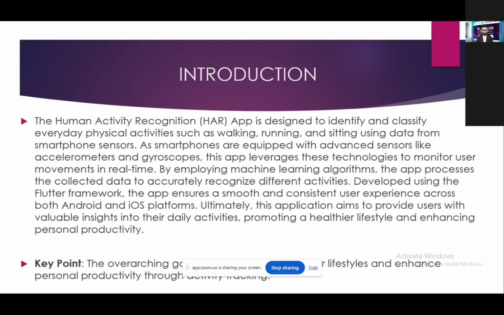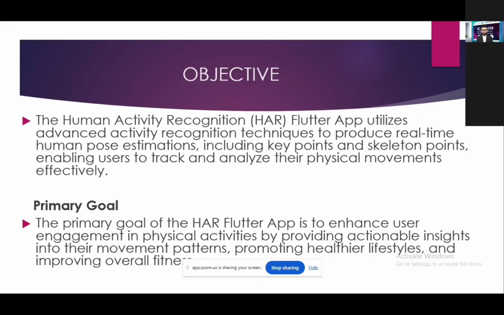Developed using the Flutter framework, the app ensures a smooth and consistent user experience across Android, iOS, and web platforms. This application aims to provide users with valuable insights into their daily activities. The overall goal is to encourage a healthier lifestyle and enhance personal productivity through active tracking.